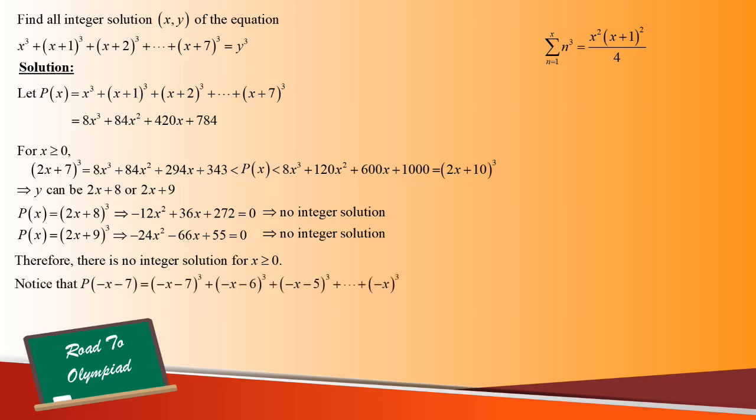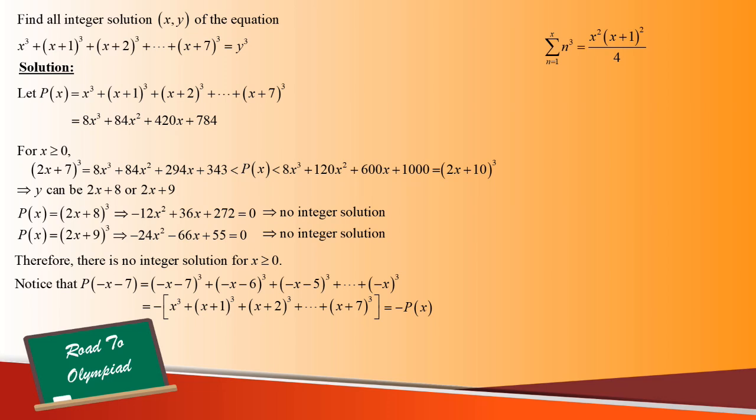Now, notice that P(-x-7) is equal to (-x-7) cubed plus (-x-6) cubed plus (-x-5) cubed until (-x) cubed. We can factor the negative out of those cubes and rearrange the expression in the brackets, and we have that this is equal to negative P(x).